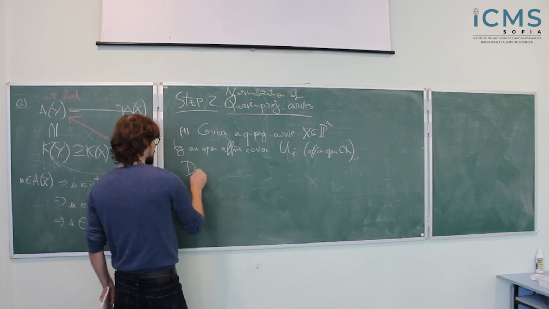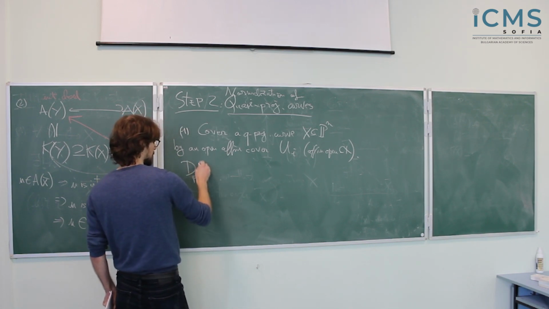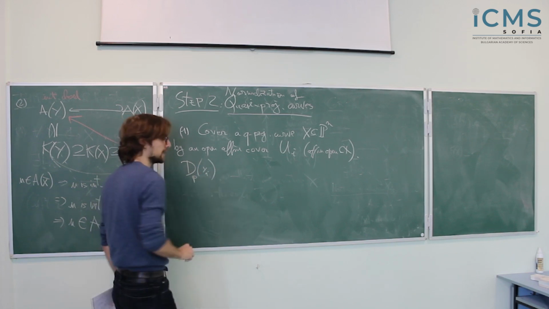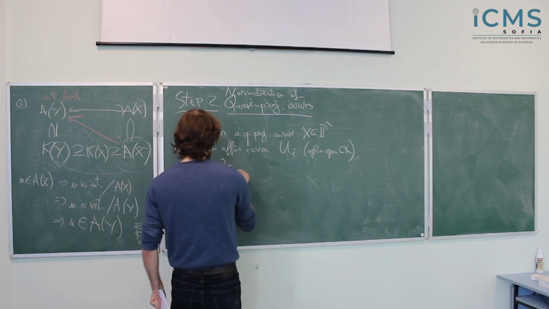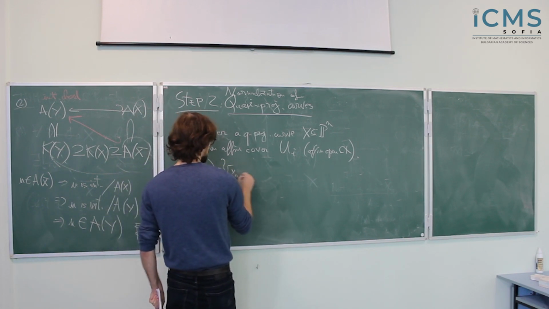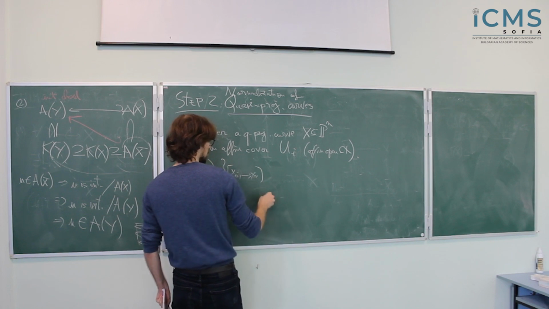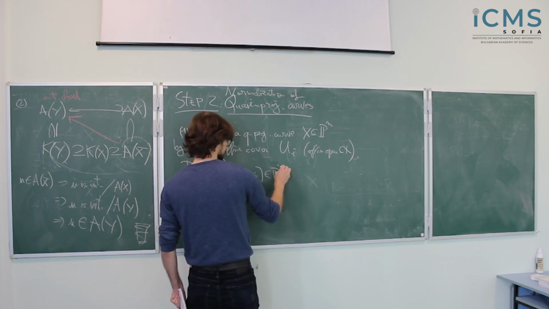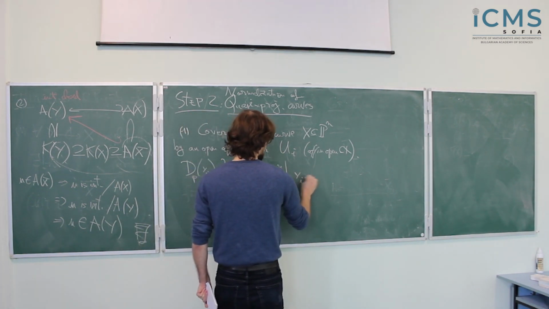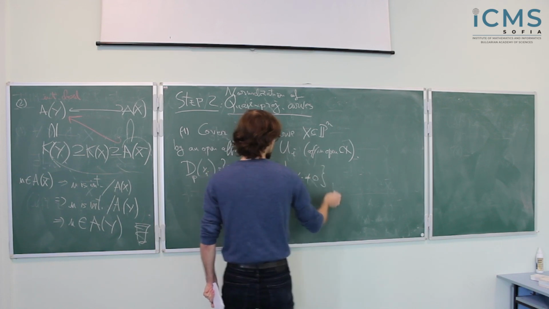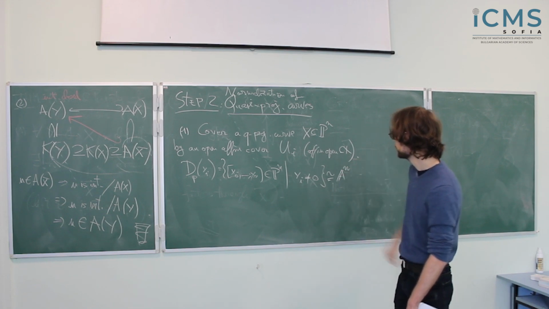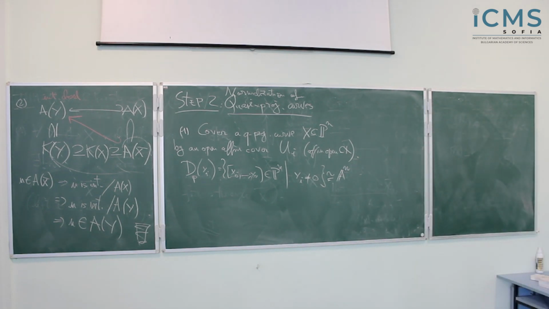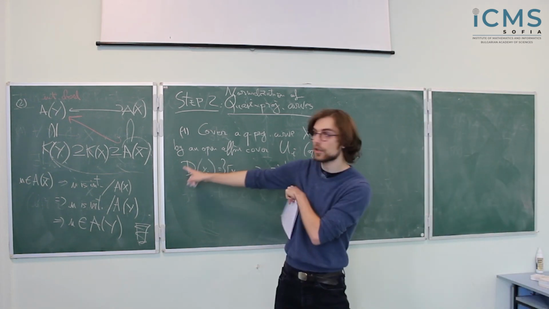Well, remember that X_i was an affine open: the points [x0, ..., xn] in homogeneous coordinates such that x_i is different from 0, and this was isomorphic to A^n. What is this D_P? This is the standard open.